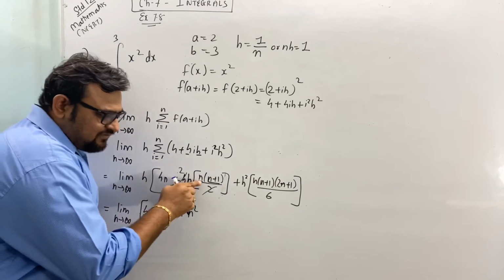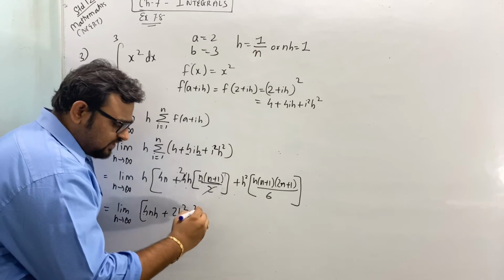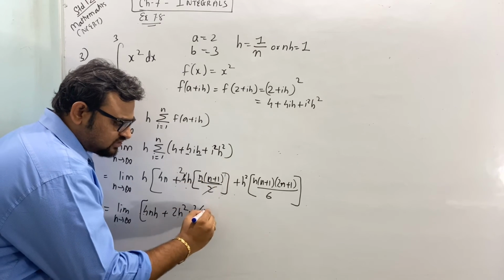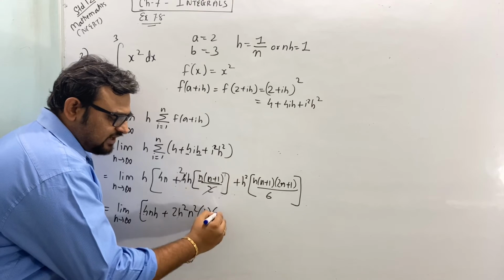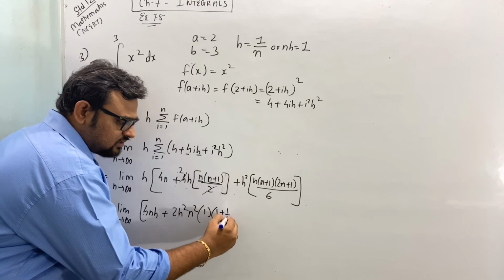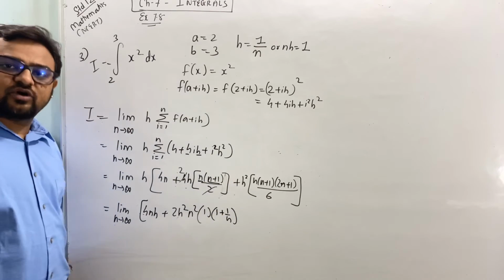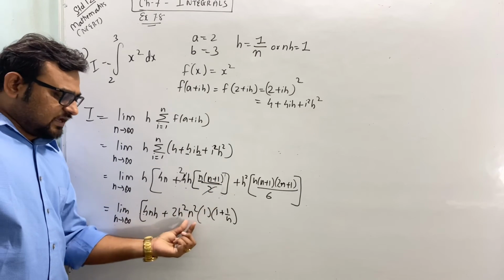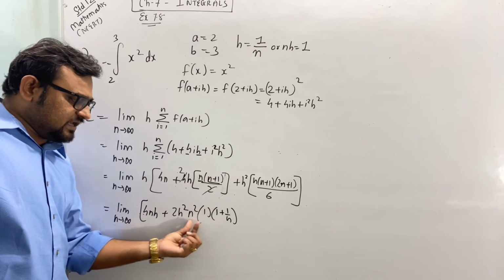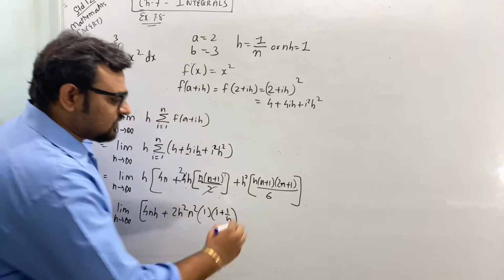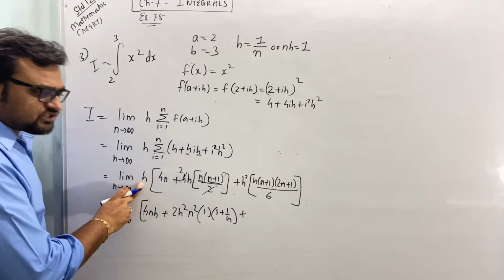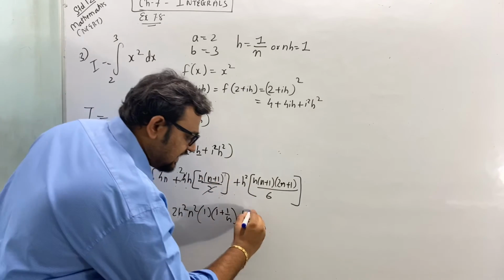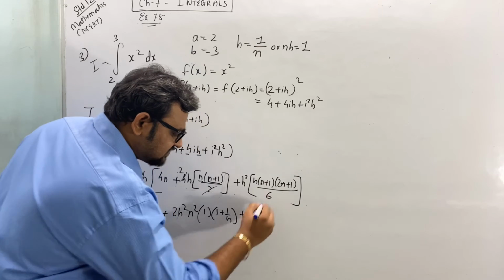One n from here and one n from here, so here I have taken common, so it's 1. From here, instead of n, 1 plus 1 by n. Got it? So n into 1, and another n into this, n plus 1. Plus h into h square, h cube. Let's take this 6 here.